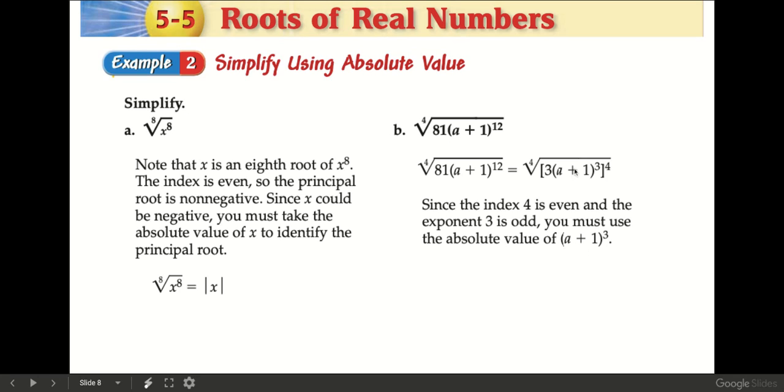Because (a plus 1) to the 3rd power. So when I do this, it'll be 3 times the absolute value of (a plus 1) to the 3rd power. Obviously, we don't need to have the 3 inside of the absolute value because that is just an integer, so that is already positive, so we don't need it to be in the absolute value.